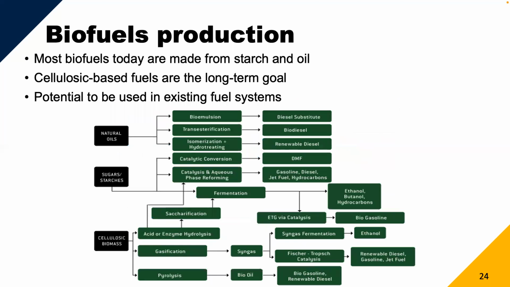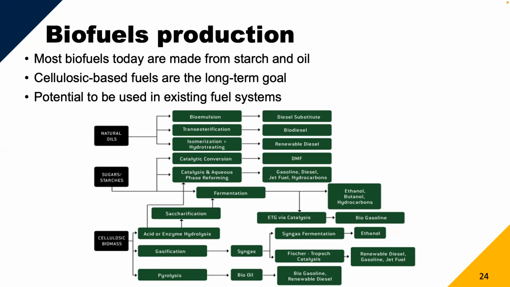Okay, so where do these come from? Most of it is coming from natural oils and sugars and starches. As I was mentioning, from corn, you get this conversion, and a lot of it is going into this process to get ethanol.